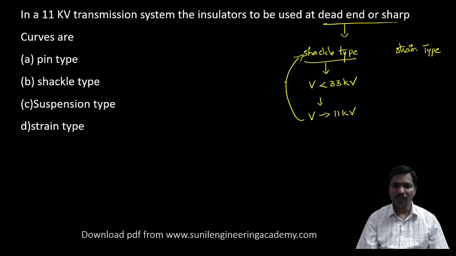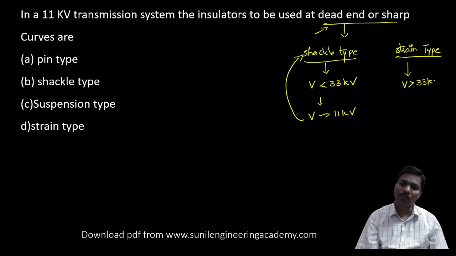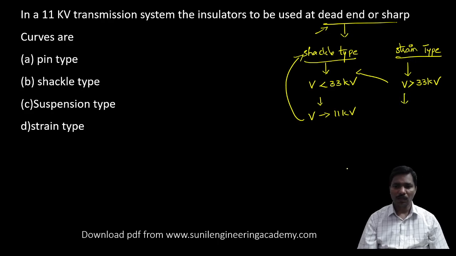It can provide very high mechanical strength at the dead ends or sharp curves or railway crossing or whatever it may be. Whenever the voltages are greater than 33 kilovolts, these are not preferred. In that case we are going to use the strain type.